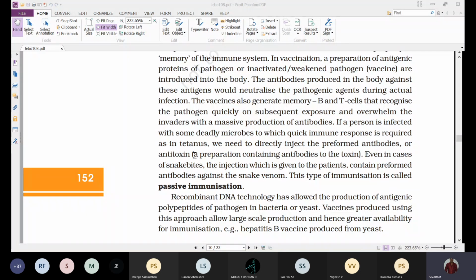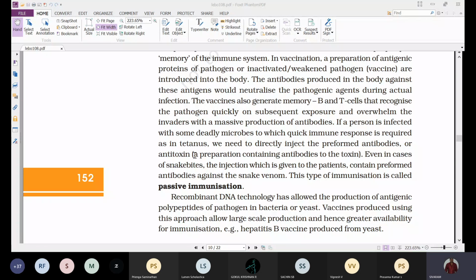This type of immunization is called passive immunization. In immunization, the ready-made or preformed antibodies are given to the person who is already infected or affected, and we can also call it passive immunization because we are giving ready-made antibodies.